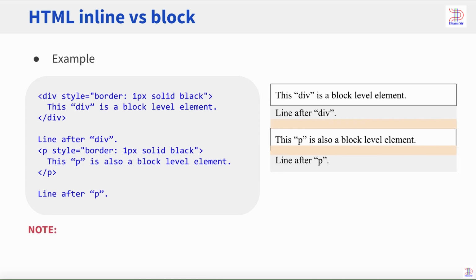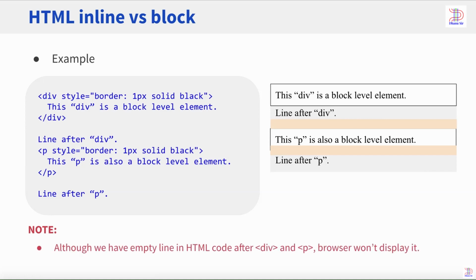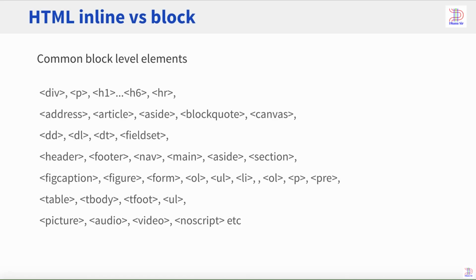Some important points to note here. Although I have given an empty line in the HTML code after the div and paragraph tag, the browser won't display it. The element p adds margin around it. The common block level elements are div, paragraph, h1 to h6, hr and others.